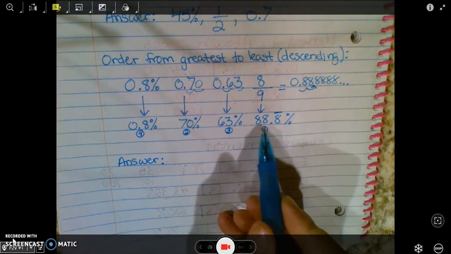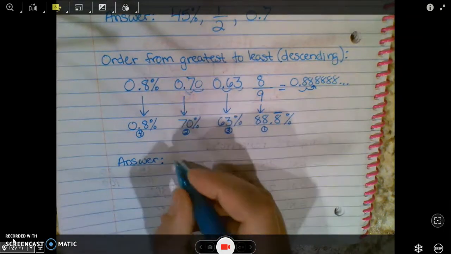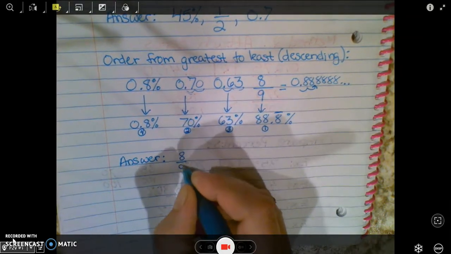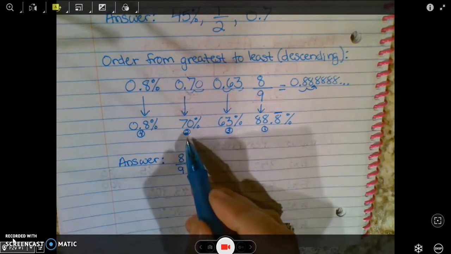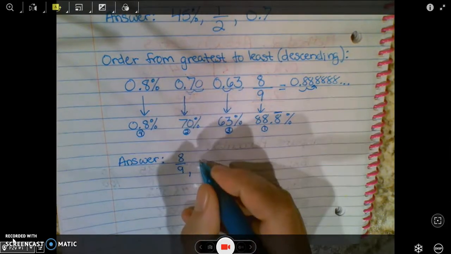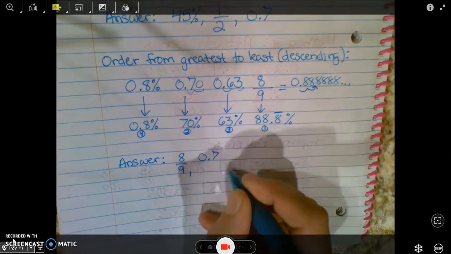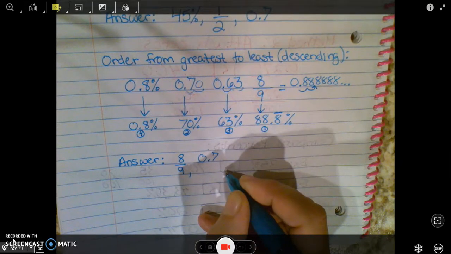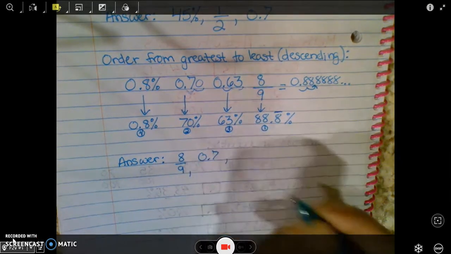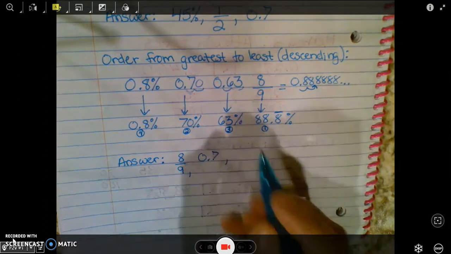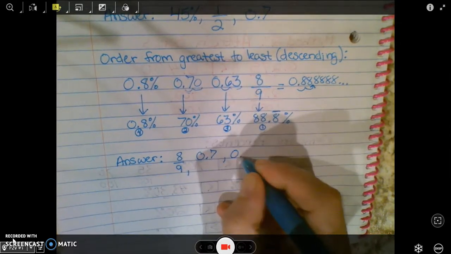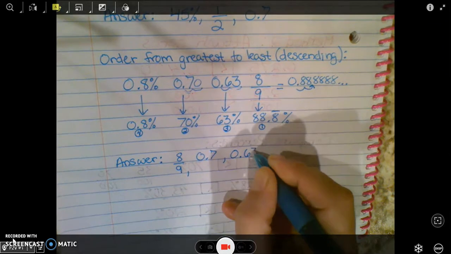So I'm going to go ahead, that 88.8%, that originally was 8/9. Okay, number 2 was the 70%, that originally was 0.7. Okay. Then number 3 was the 0.63.